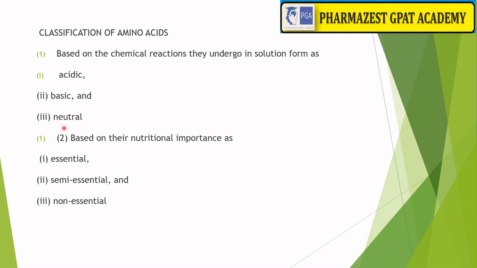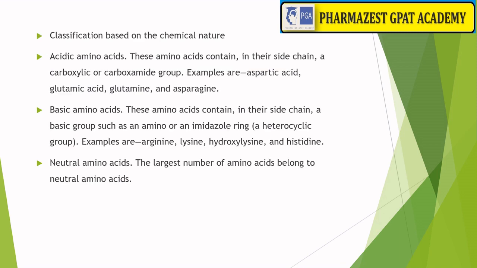Based on this, they are classified into three types: acidic amino acids, basic amino acids, and neutral amino acids. The next classification is based on their nutritional importance. Based on this, they are classified as essential amino acids, semi-essential amino acids, and non-essential amino acids.